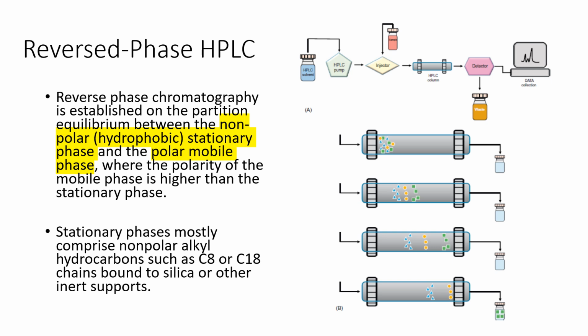C18 and C8 refer to the alkyl chain length of the bonded phase of the column. The chain length influences hydrophobicity of the sorbent phase and thus increases the retention of ligands. C18 is often called the traditional reverse phase matrix because it has the highest degree of hydrophobicity. The reason why C18 is more hydrophobic than other reverse phases is because the lengths of the carbon chain are longer.